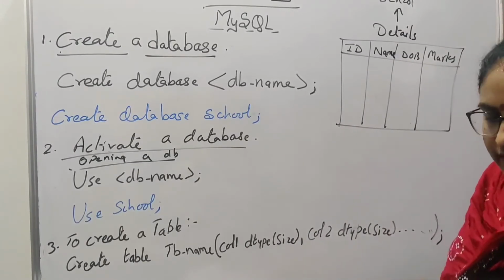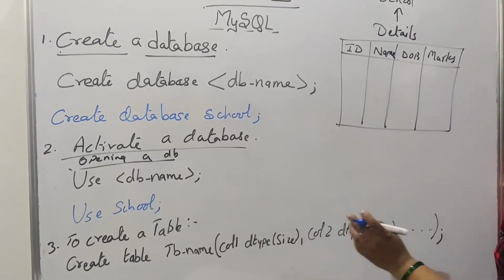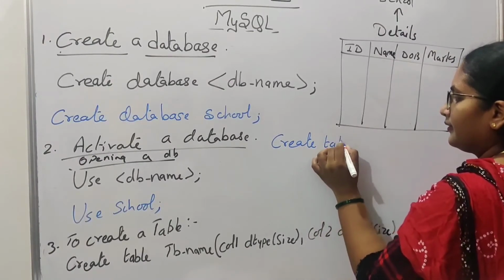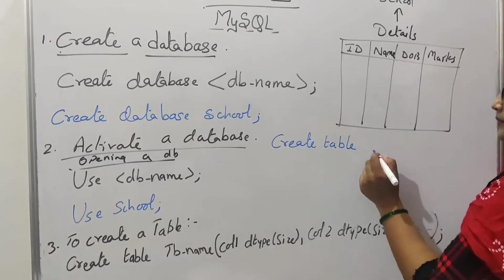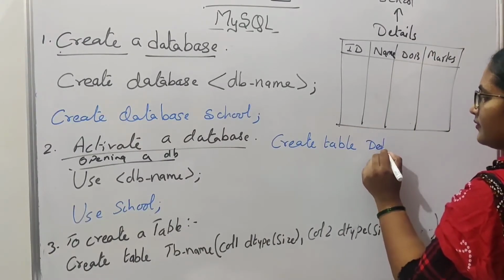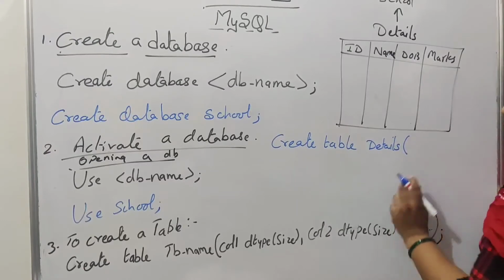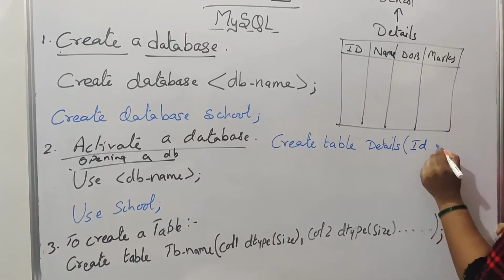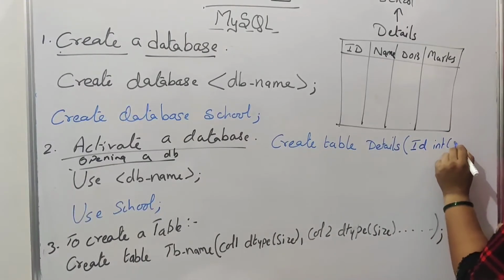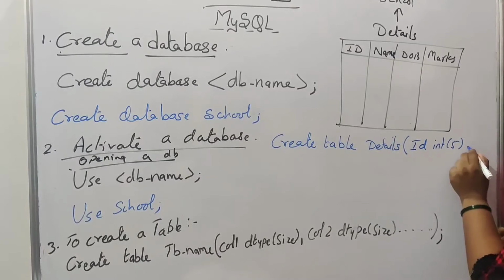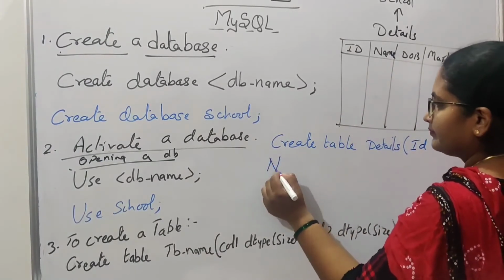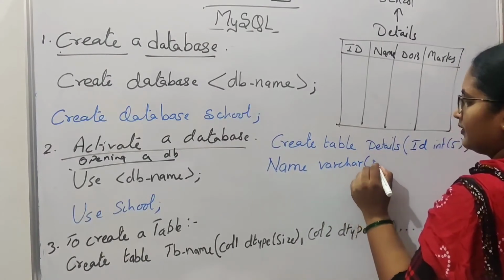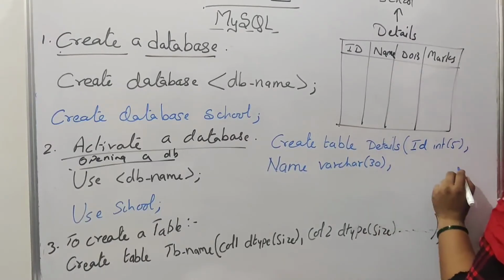Now an example of how you will write it. First, create table details. Column 1 is ID, data type int, numeric, and 5 is the size. Comma. Next is name, varchar 30, comma.